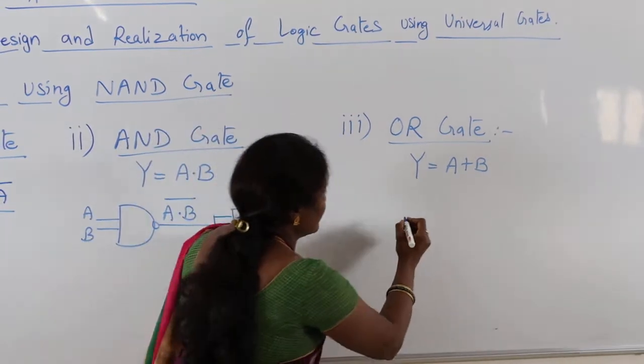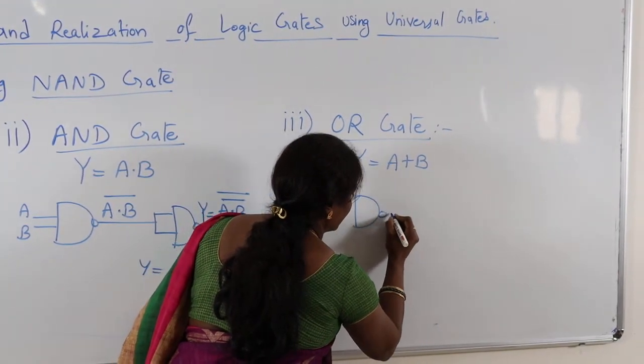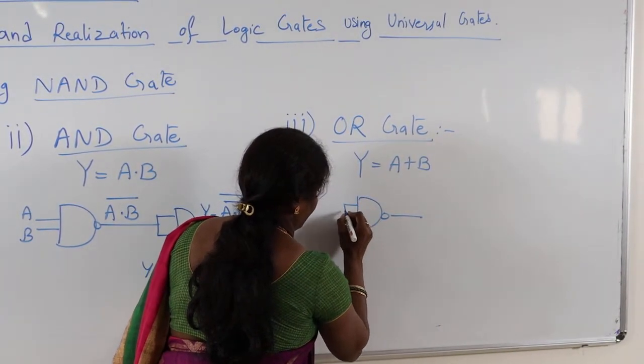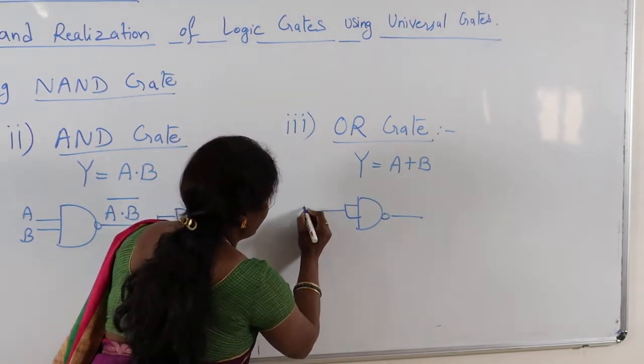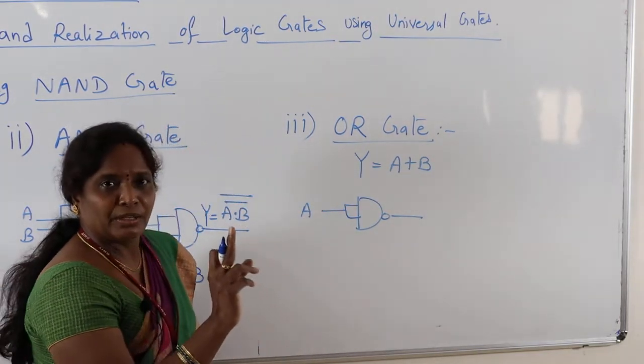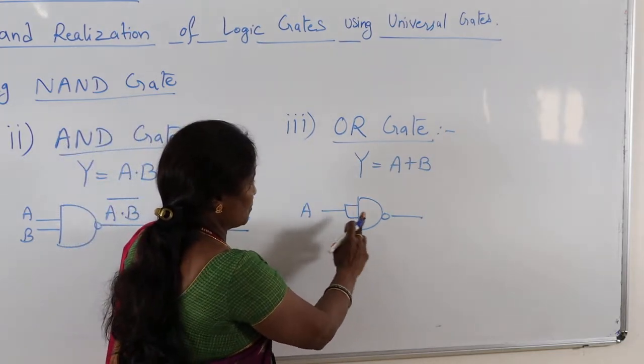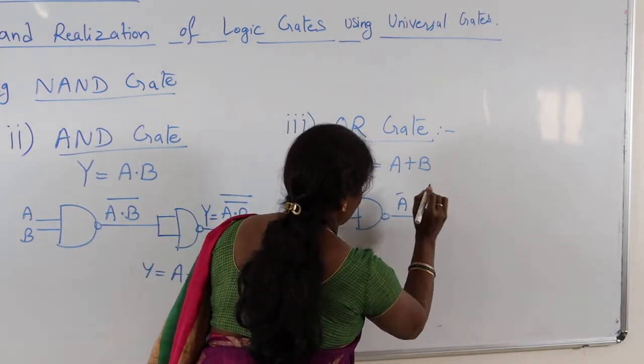For this purpose, first we will use one NAND gate, a one input NAND gate, with input given as A. When only one input NAND gate is used, the output of this NAND gate is A bar.